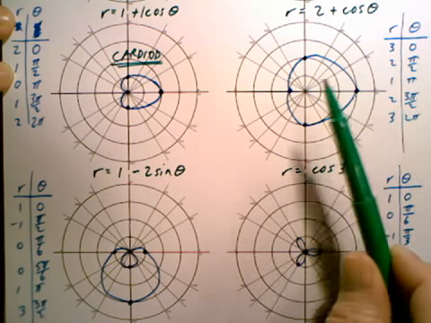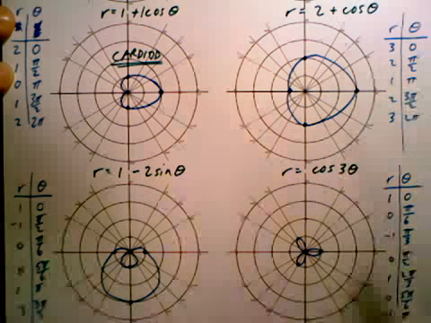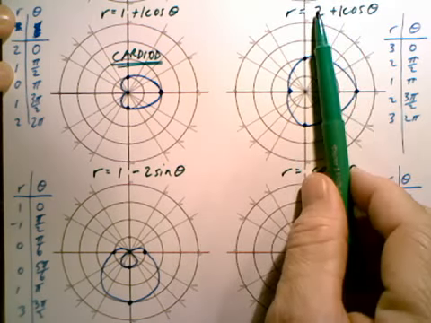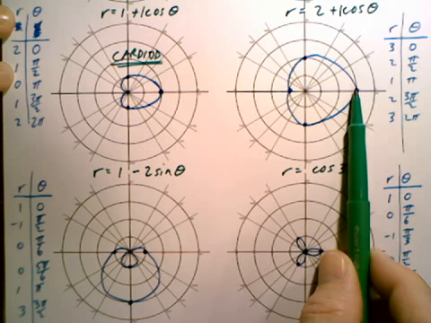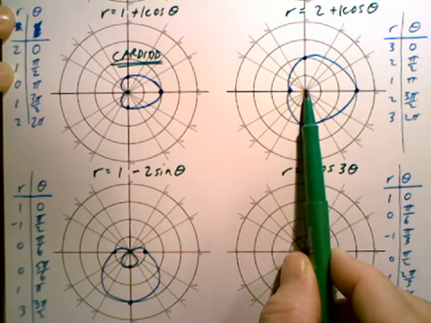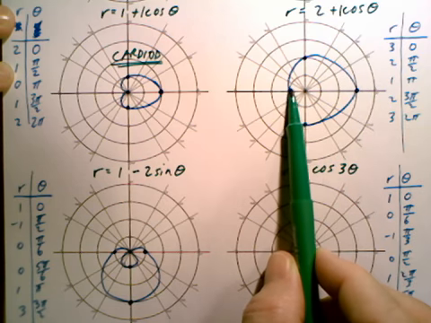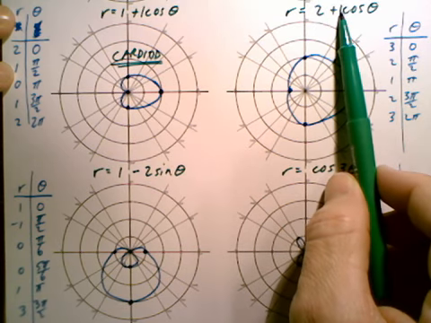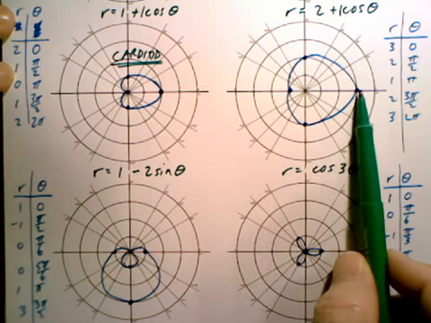This is a limacon in which the first number is bigger than the second number, and when you think of the first number being bigger, the curve doesn't come back to the pole. So it stays away from the pole, but it does come back around at the end of 2 pi. So when the first number is bigger than the second, that's what happens.